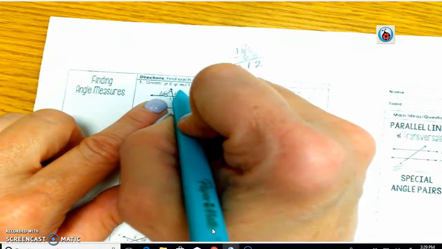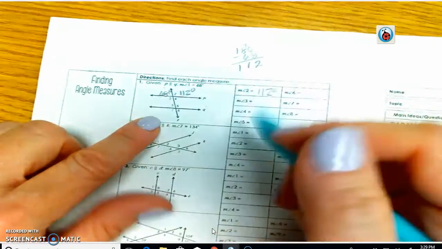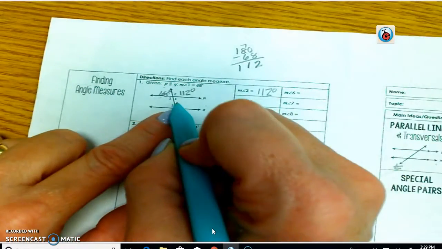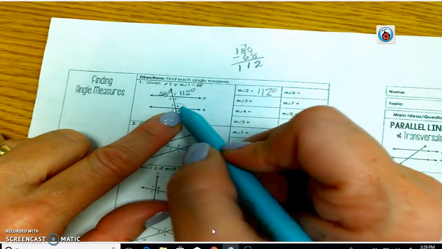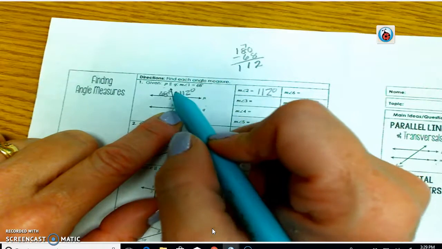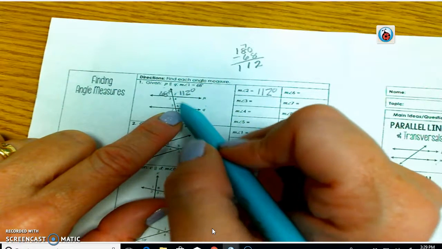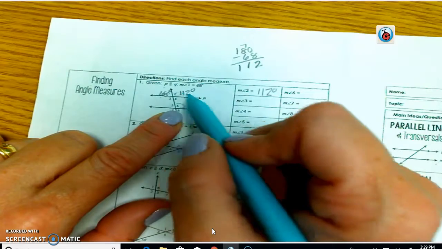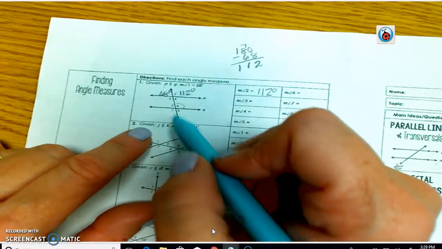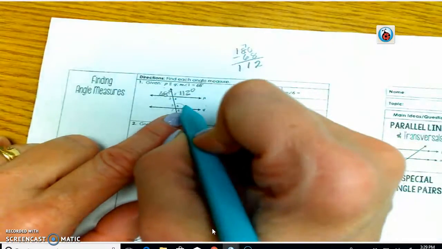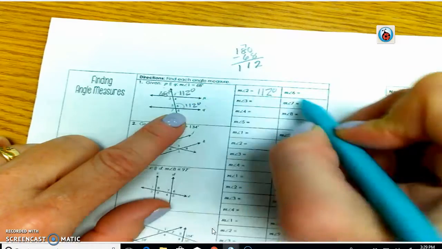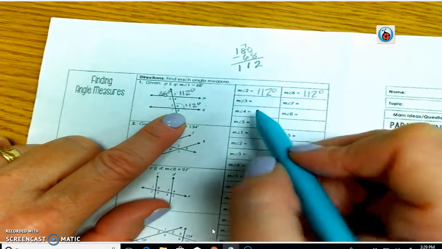Now keep in mind, next we have angle 6. Well, angles 2 and 6 are corresponding. They're both above the parallel lines, and they're in the same position on the same side of the transversal. And so the measure of angle 6 would also have to be 112 degrees.